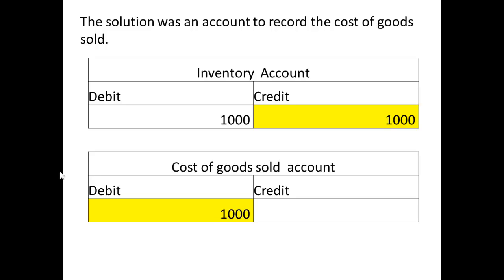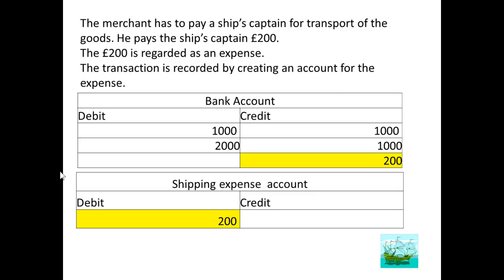And so the solution was an account that recorded the cost of goods sold. So to show that the inventory was no longer there, we have a credit of £1,000 to inventory and a debit of £1,000 to the cost of goods sold. Now let's suppose that the merchant has to pay a ship's captain for the transport of the goods, and he pays him £200, which is an expense.